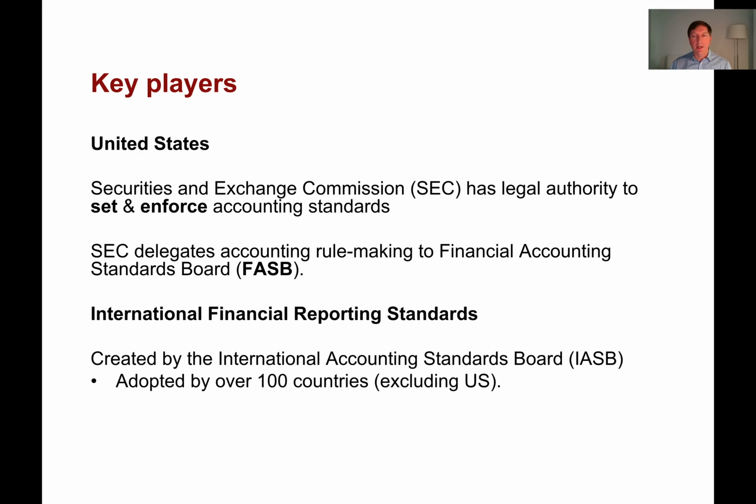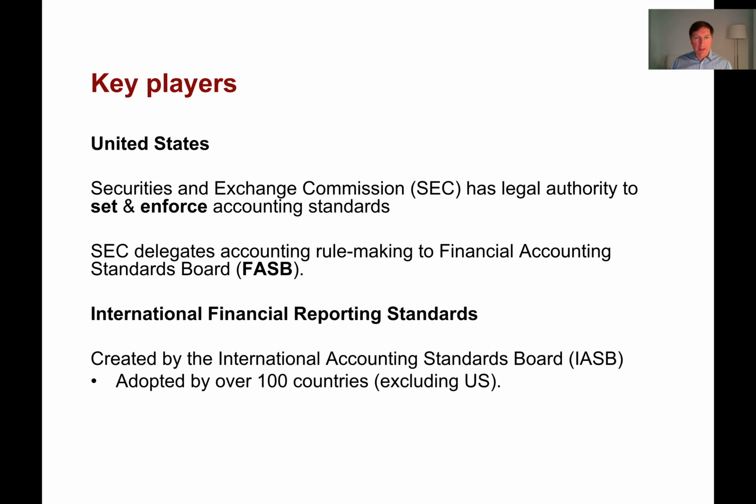Now, who creates GAAP? It varies depending on whether we're in the United States or in some other country. So in the United States, ultimately the authority to write and enforce accounting rules lies with the Securities and Exchange Commission. Okay. The Securities and Exchange Commission keeps the enforcement function, but it delegates the rulemaking function to the Financial Accounting Standards Board.